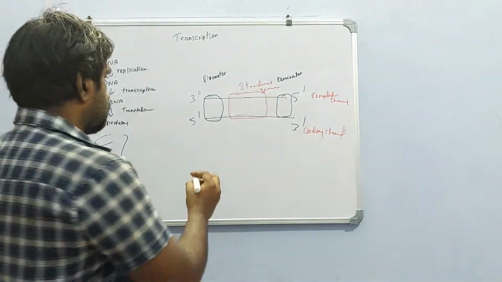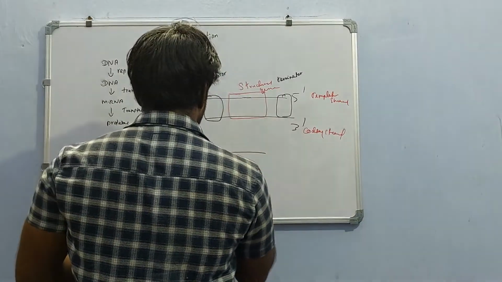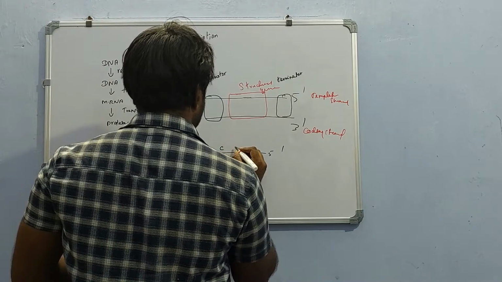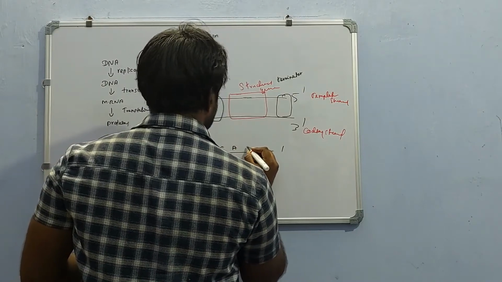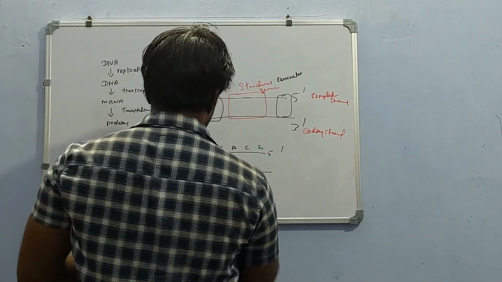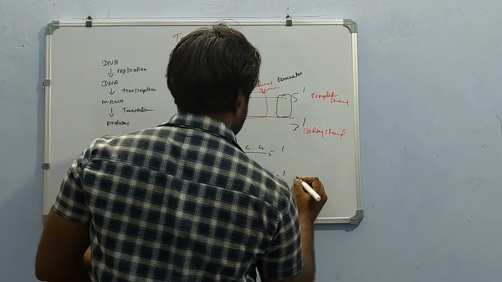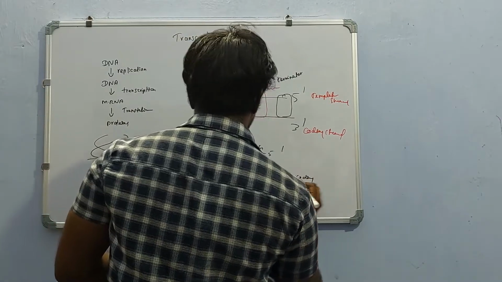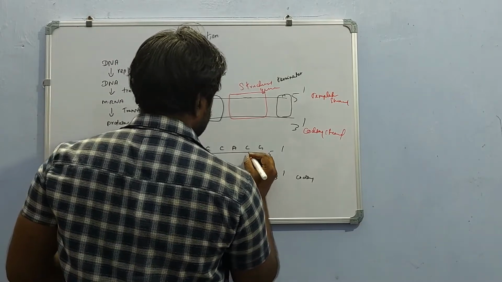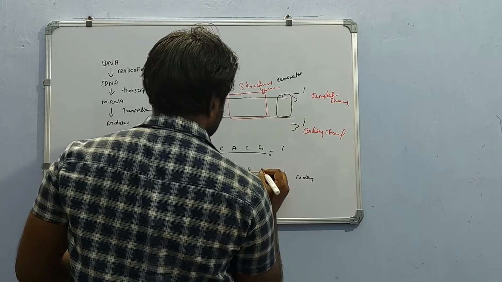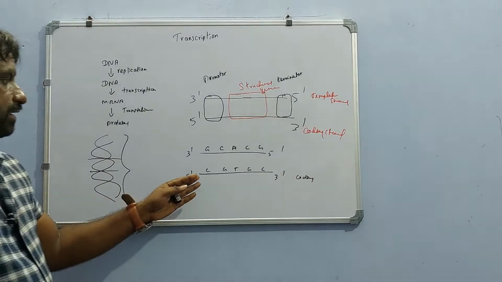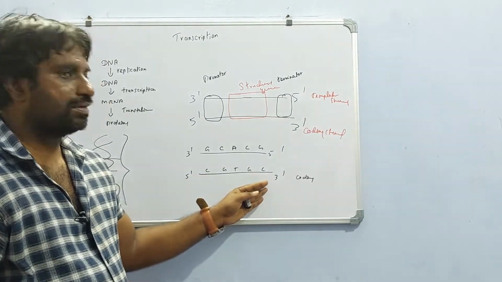Suppose in the template strand, in the 3'-5' direction, it is G, C, A, C, G. Then in the 5'-3' direction, which is the coding strand, it is C, G, T, G, C. So this is what it will look like in the coding strand.